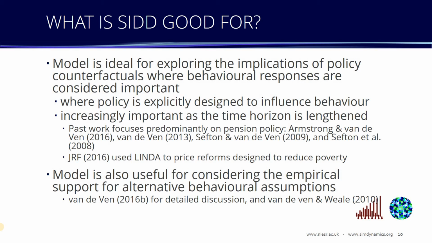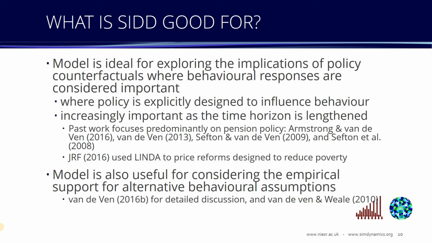Now, these considerations have motivated our focus in most of our past work to look at pensions and pensions policy. And I provide a few references here, 2 papers which explore the UK pensions environment and which are available on this website via the research tab.